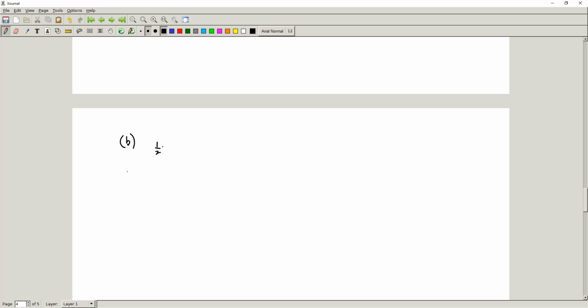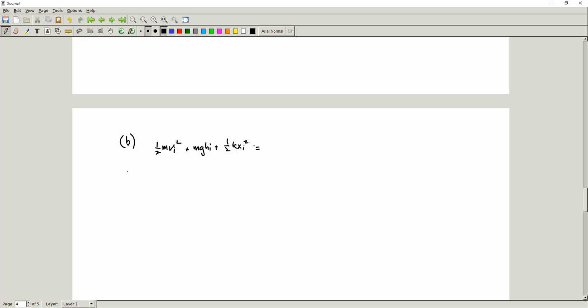Initially, we have some half mv squared, v initial squared. That's our initial kinetic energy. We have some mgh initial, and we have some 1/2 kx initial squared, right?